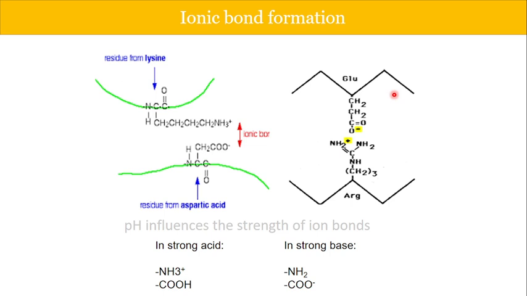Here we are seeing glutamic acid and arginine, where arginine is a basic amino acid and glutamic acid is a negatively charged, acidic amino acid, and how these types of amino acids are important for ionic bond formation. pH is an important factor in determining the strength of ionic bonds.